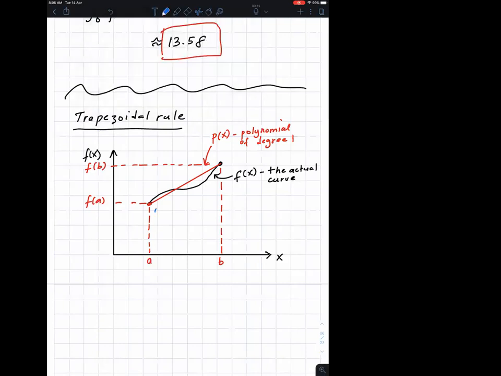So we can call this endpoint A, f(A). On the other side, you can call this B, f(B).